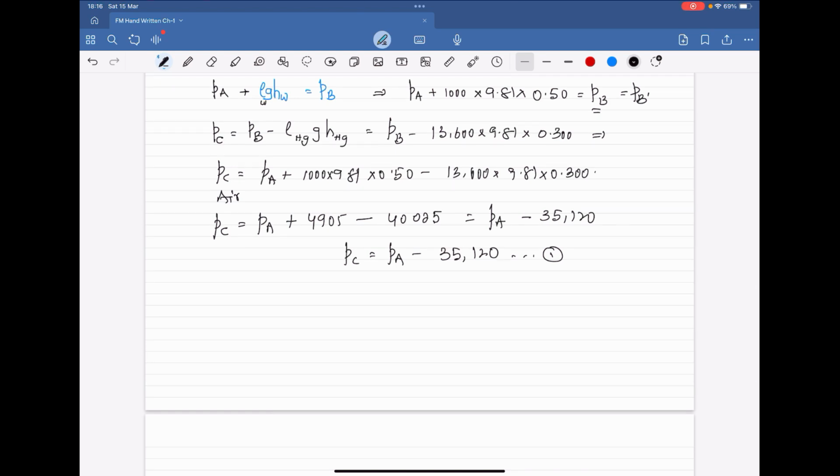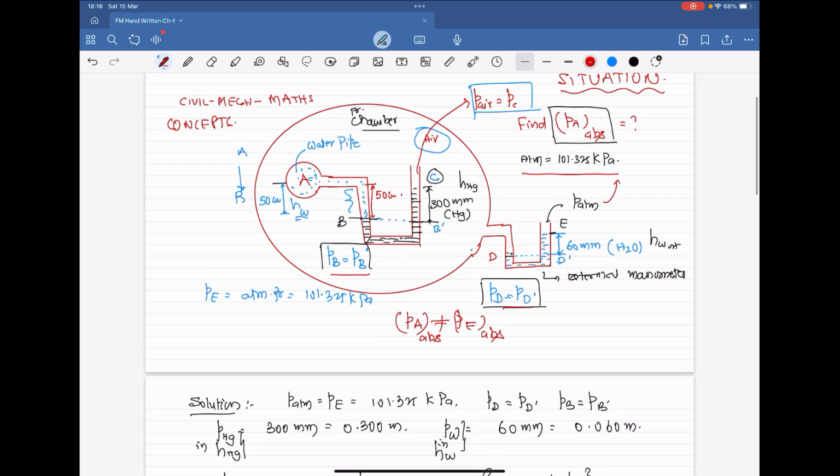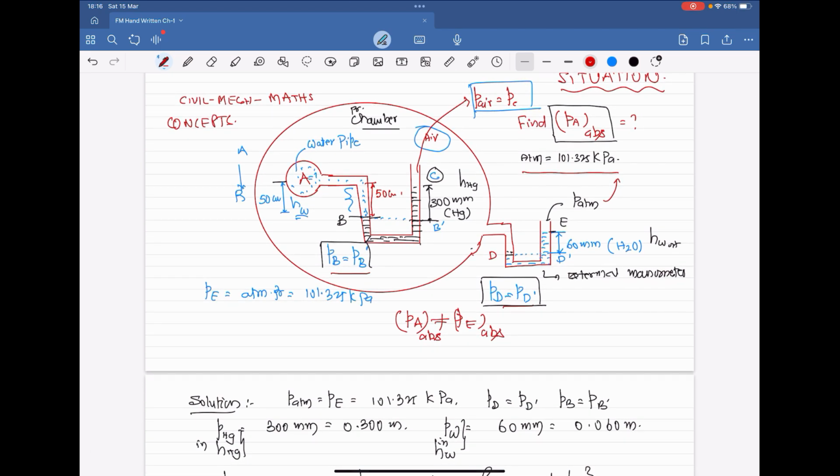PC is equal to PD. Please try to understand, PC is equal to PD. Why? Because there is no obstruction for air to move to D. There are no walls, no obstructions.